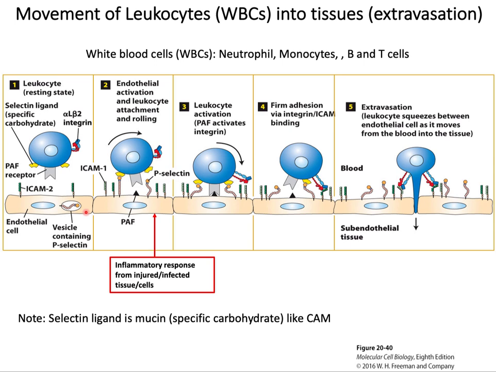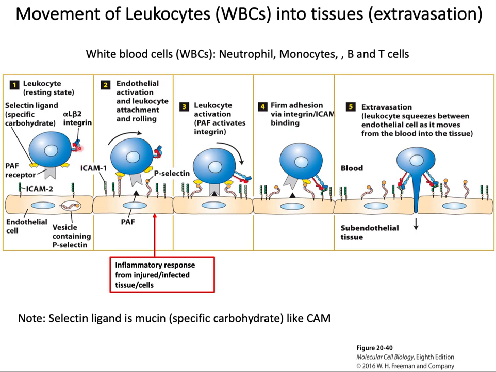Now, within the bloodstream, you have the white blood cells or the leukocyte, and they are shown here in the blue, and they have a number of interesting molecules on their cell surface. First of all, they have what is known as a mucin-like CAM in yellow, labeled as selectin ligand, and it is the ligand for P-selectin.